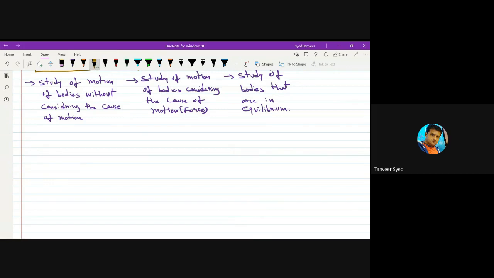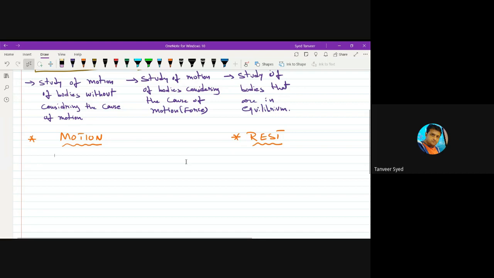Right. So motion in a straight line. We should understand clearly what do these two terms mean, motion and rest.